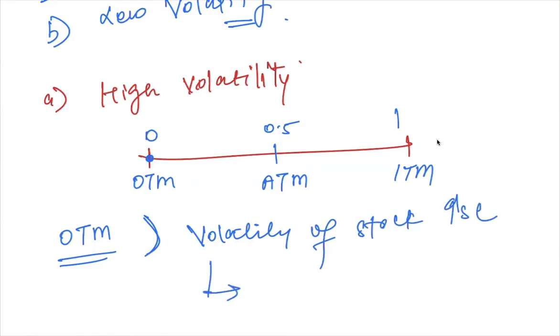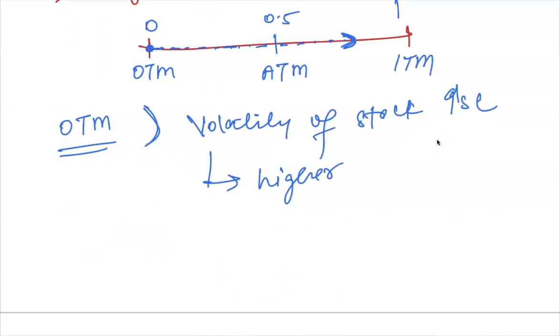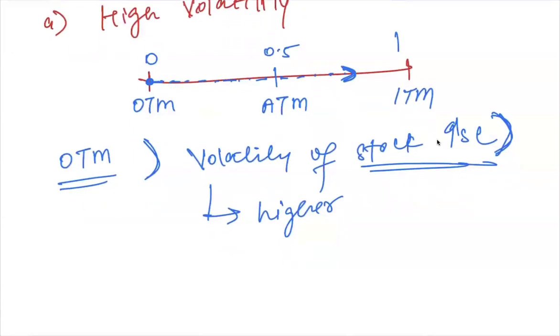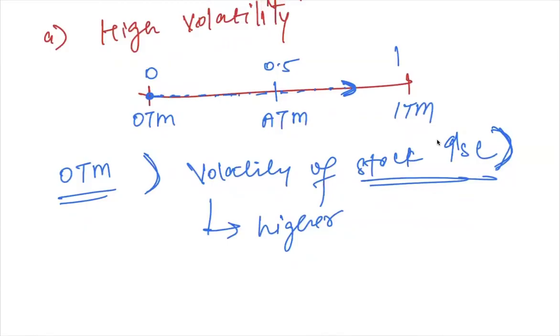what will happen? When you have high volatility, it will definitely go at a higher speed, right? Your stock will basically fluctuate at a higher speed. So you have a higher chance when you have high volatility.